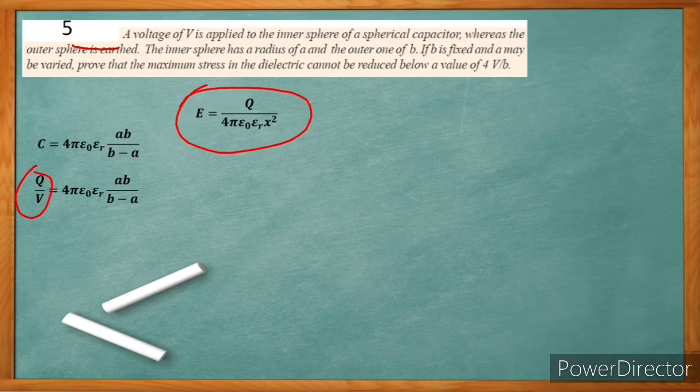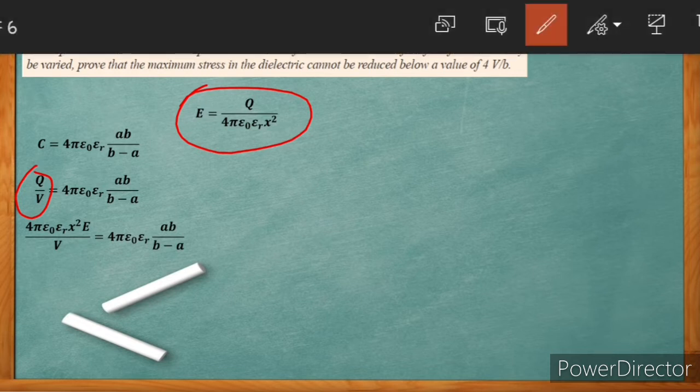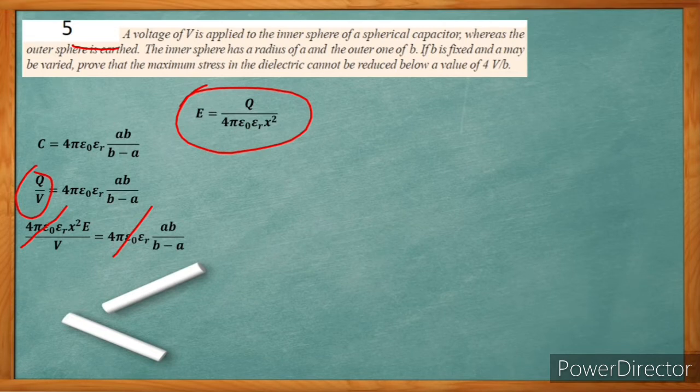So the formula will become 4 pi times the absolute permittivity times the relative permittivity times x squared times the electric intensity over V is equal to 4 pi times the absolute permittivity times the relative permittivity times the product of A times B over B minus A, and the like terms will be cancelled. So this 4 pi, absolute permittivity and the relative permittivity. We will be left with E is equal to V times AB over x squared times quantity B minus A.